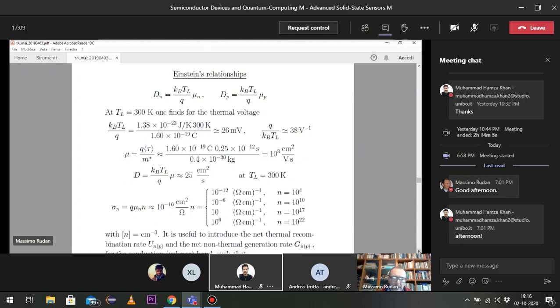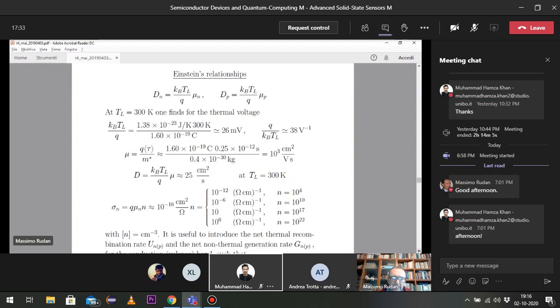So Q as above. A reasonable value for the average relaxation time for momentum is something less than a picosecond. So we take 0.25 picoseconds.